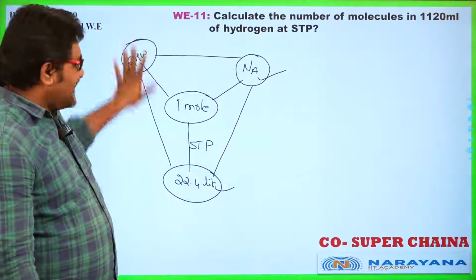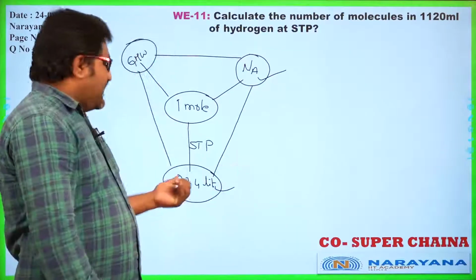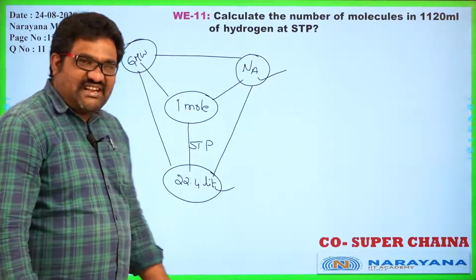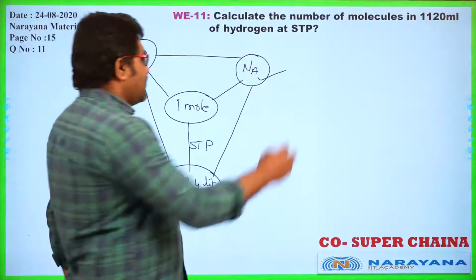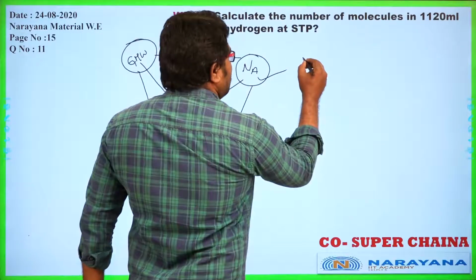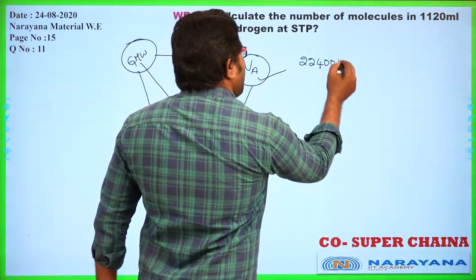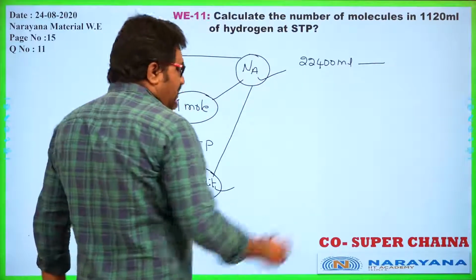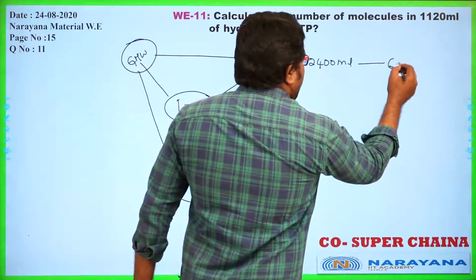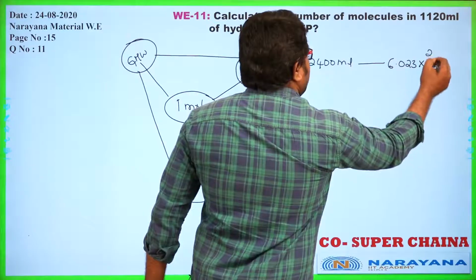So from this standard chart, what we conclude here, if any gas contains 22.4 liters or 22,400 ml, that contains Avogadro number. So if volume is equal to 22,400 ml, how many molecules should it contain? 6.023 into 10 power 23.